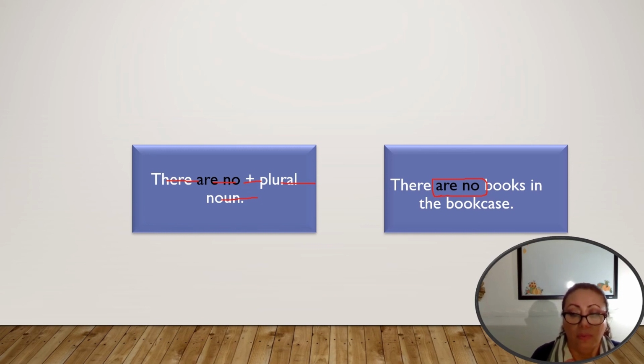There are no, nada en el medio, no any, no a, nada en el medio, directo. There are no books in the bookcase. Notice that it's are, because it's a plural noun here, and nothing in the middle. Study this, pay attention to this rule, super important if you want to become fluent in English.